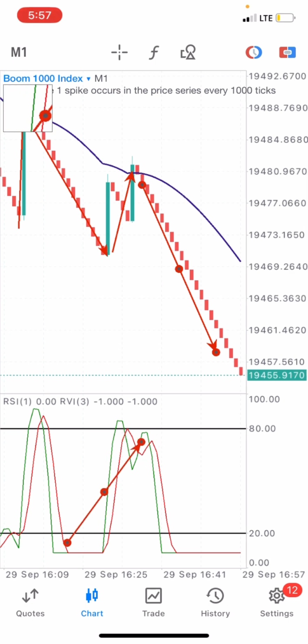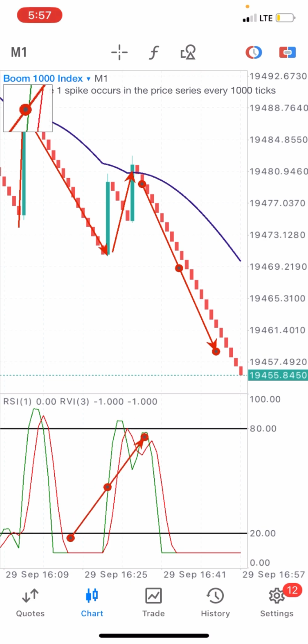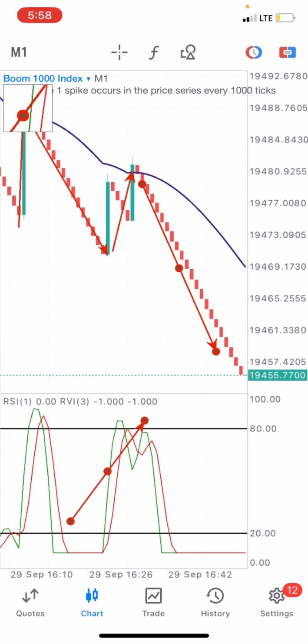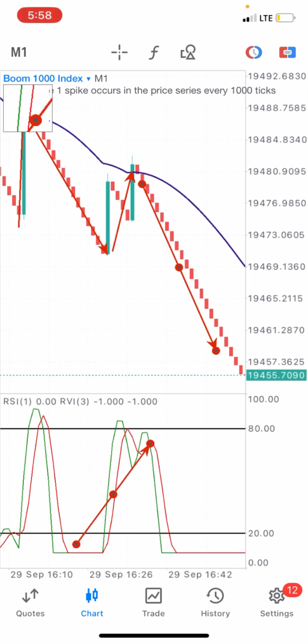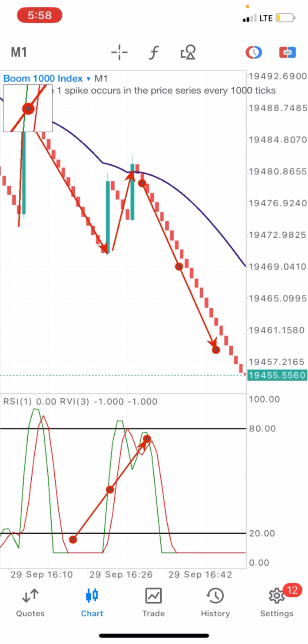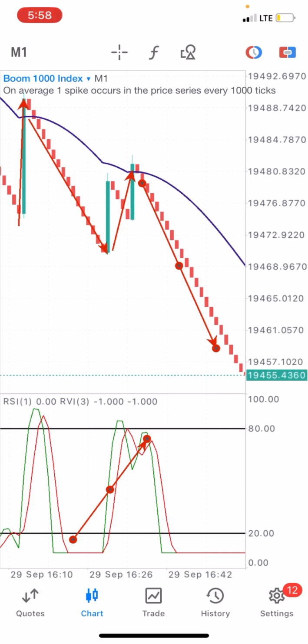Now when you see that these two lines are around that region and they are going down, I mean they are tilting to the downside from that region, that means they've crossed themselves around this region and they are tilting downwards, then that's another signal that is telling you that price has come to a somewhat resistance region and is tilting to the downside.